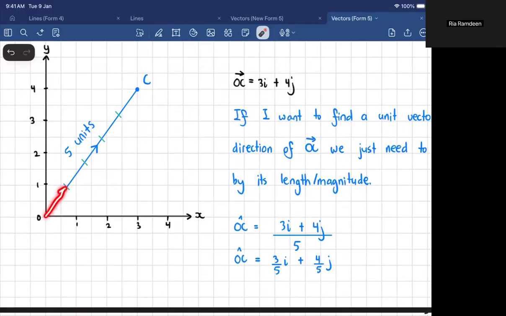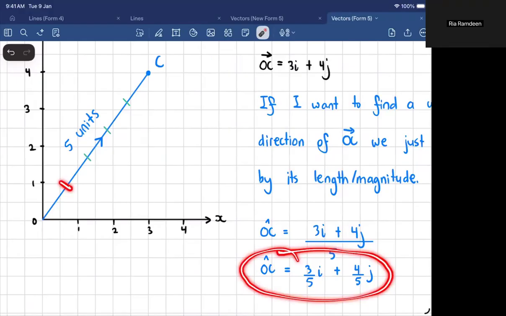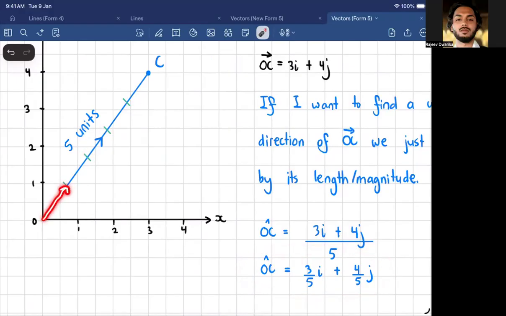And one of these small pieces, what would its vector be? Okay, I'll show you. This is the answer here. If I take this vector and cut it into 5 pieces, then that piece would be 3 over 5 i plus 4 over 5 j.